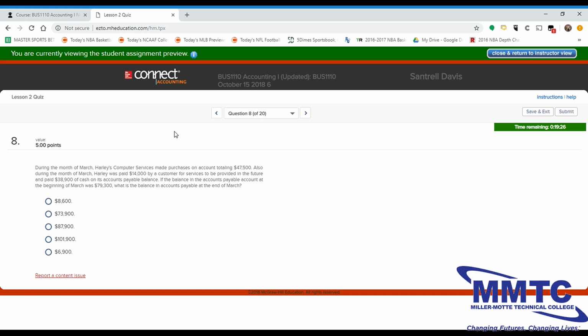So verify to me about this $47,500 again. What was this money? It says during the month of March, Hartley's Computer Services made purchases on account totaling $47,500. Okay, so they made purchases. That's an account payable, right? So it's not money that they gave out credit for a service they provided.